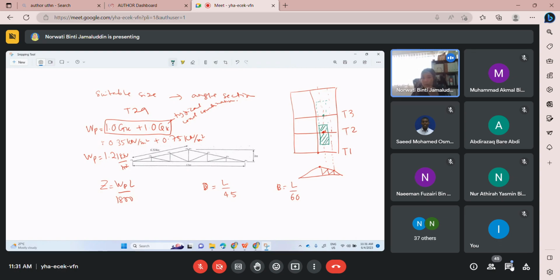So what is the area? This one is half. What was it earlier? 2.018, right? Okay, this is 5 meter, so 2.5.